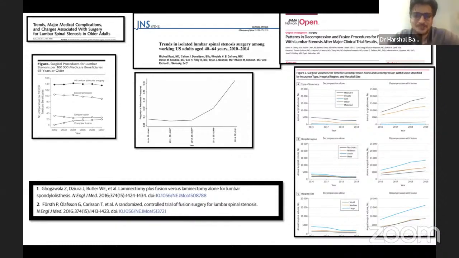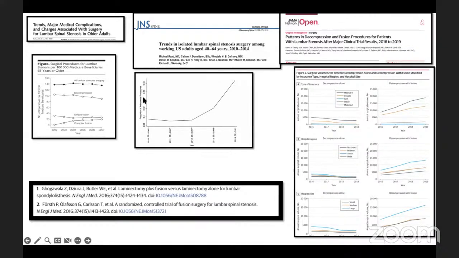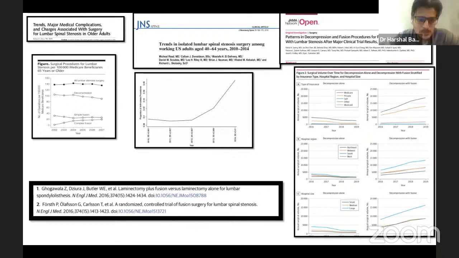Why more fusions nowadays? I think it will be very difficult to say why more fusions. But at the same time, equally good results with decompressions only have been seen. We are seeing the other side also now: the more and more fusions we are doing, the more and more adjacent segment problems we are seeing. So we do not know which way we are going. The earlier generation saw a lot of only decompressions with good results, but maybe extensive decompressions led to instabilities, and finer details like facet orientations and regular stress views were not done.